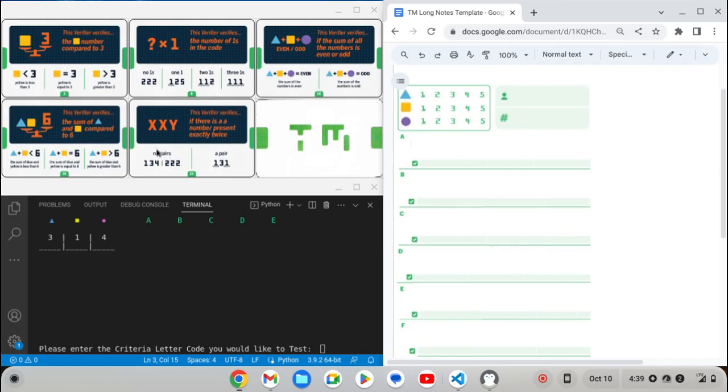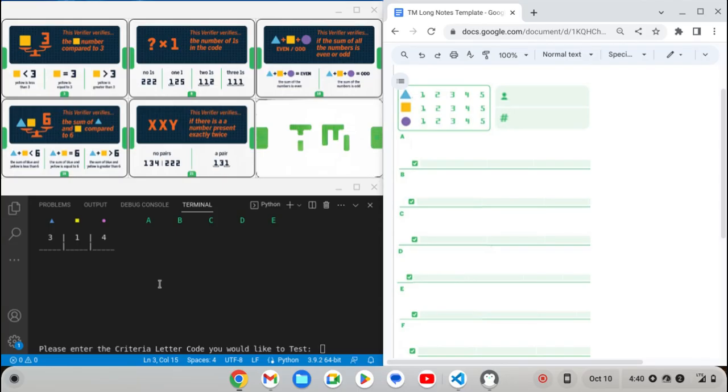But there are 2 scenarios: one where all the digits are different, as in the example 134, or all the digits are the same, as in the example 222. And remember, the objective of today's puzzle is to find that one unique 3-digit solution that abides by all of the 5 criteria cards we've just described. And we're going to start off with an initial proposal of 314.